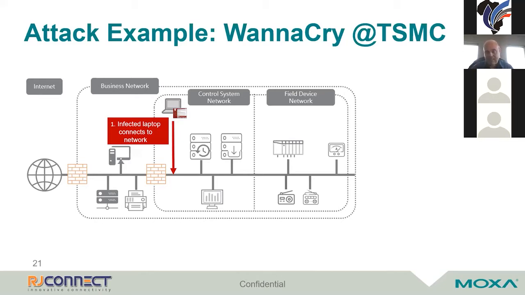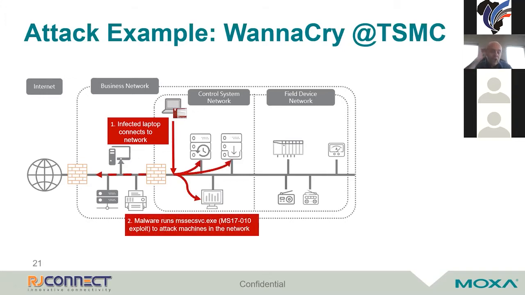Crazy, crazy. So this laptop was infected, and it came onto the network, and straight away the malware ran on the network and started infecting their machines. As you can see, there was no protection at all, even to the outside world.